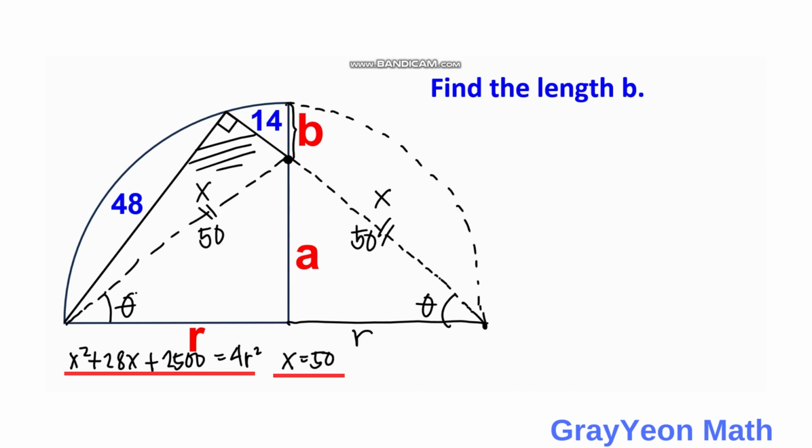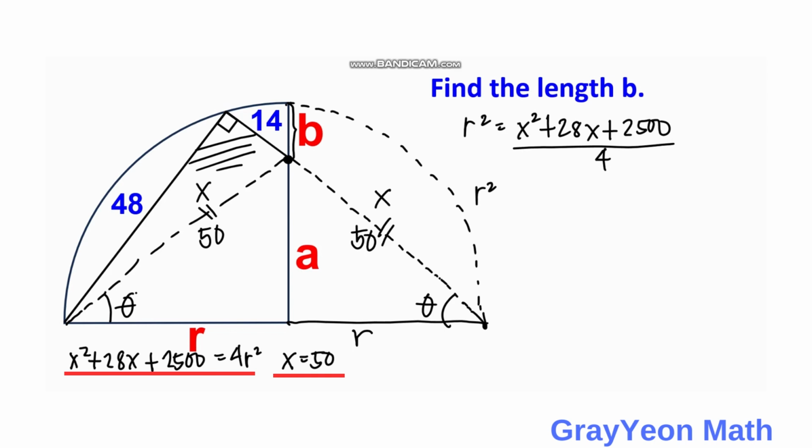Next step is we use the value of x in the first equation we got earlier. So r squared is equal to x squared plus 28x plus 2,500, all over 4.